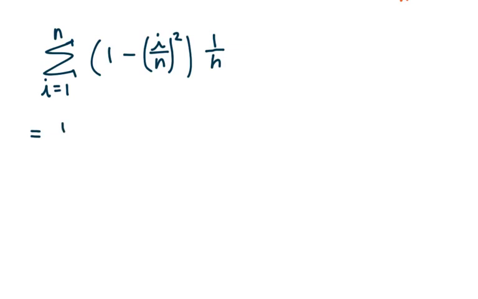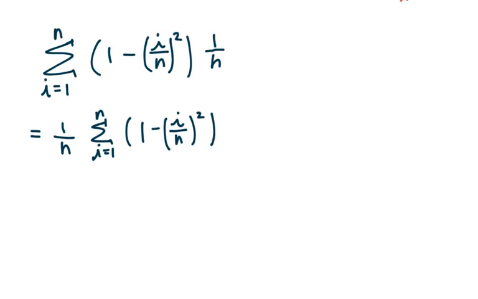I can pull that in front and I say 1 over n times the sum as i equals 1 to n of 1 minus i over n squared, which is 1 over n, sum from i equals 1 to n of 1 minus i squared over n squared.